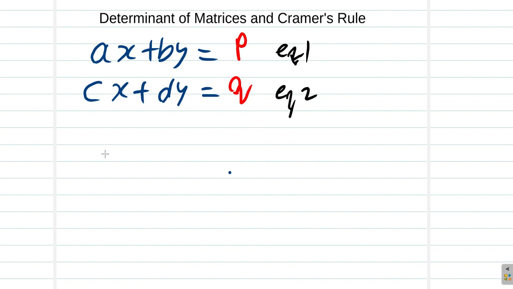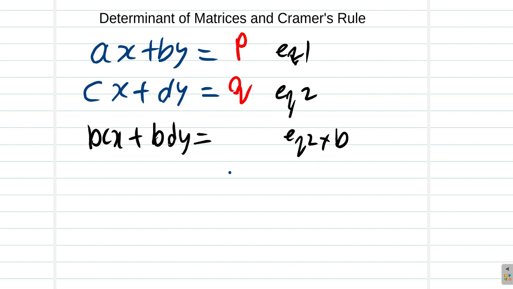So equation 2 times b: we have bcx plus bdy equals bq. Then equation 1 times d.